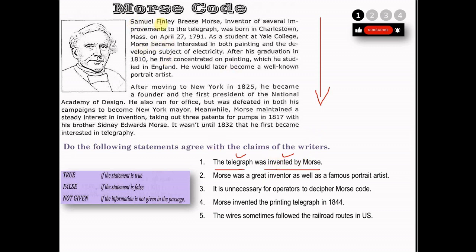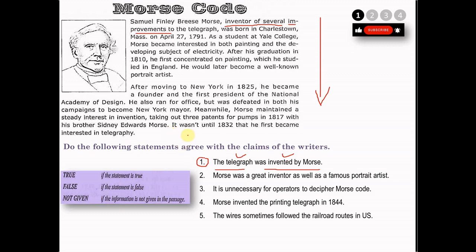So, Samuel Finlay Breese Morse, inventor of several improvements to the telegraph. Now, inventor of several improvements. So he was not the inventor of the telegraph, he was the inventor of the improvements. This information is given in the passage, but it is a little different from, or opposite of, what is asked.